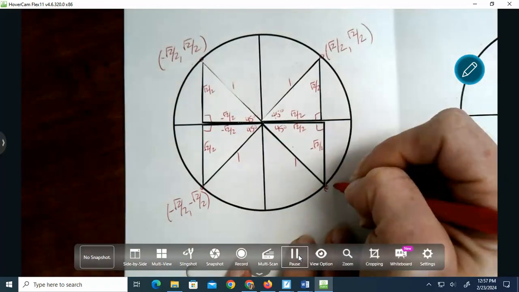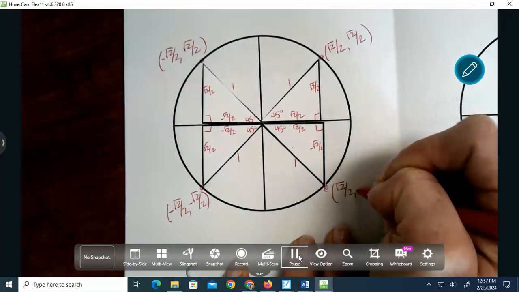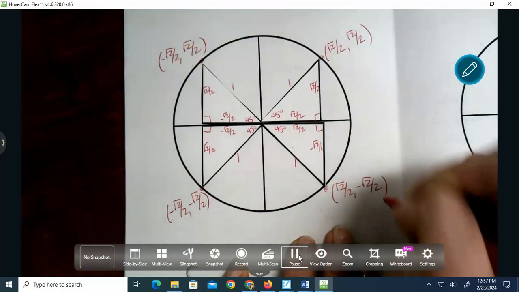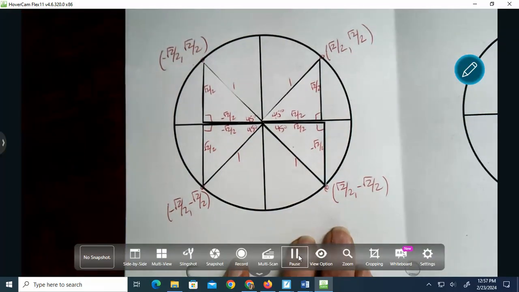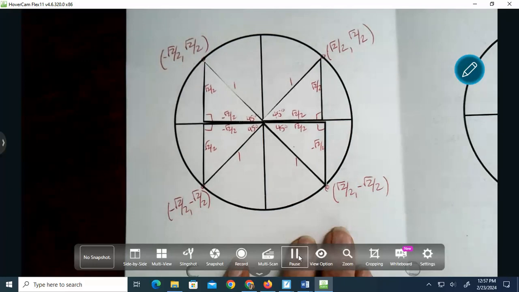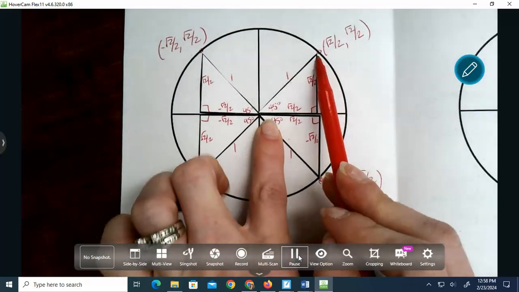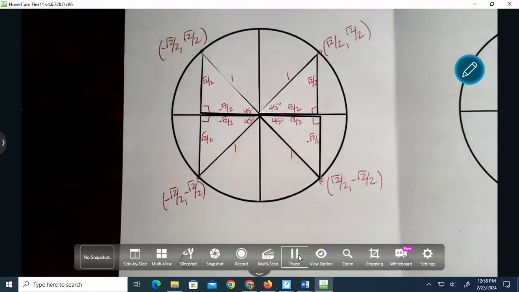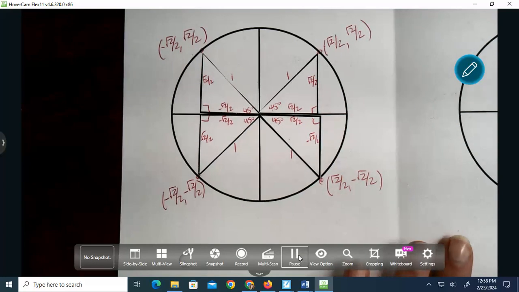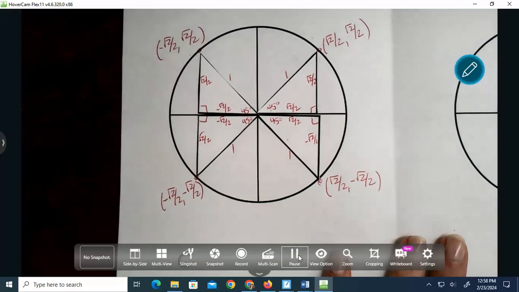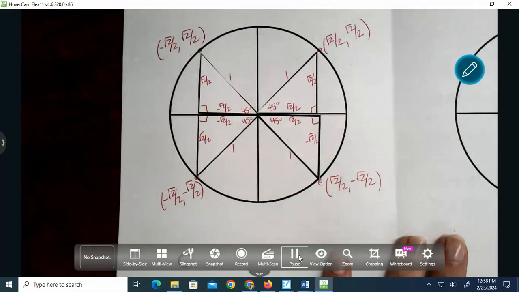And if I go this way, we have positive and negative. So all of these ordered pairs are based off what the actual points on this circle would be if my angle were 45 degrees. Do you guys understand where we're getting those?